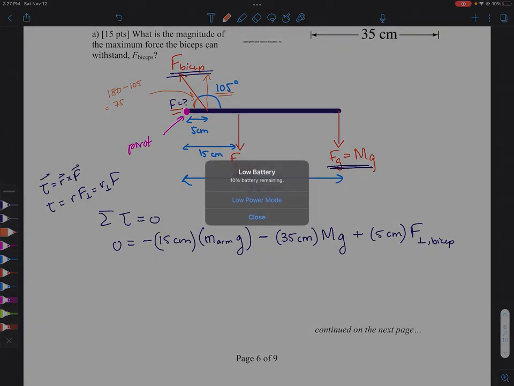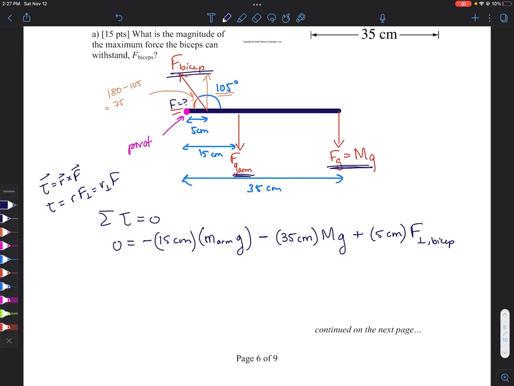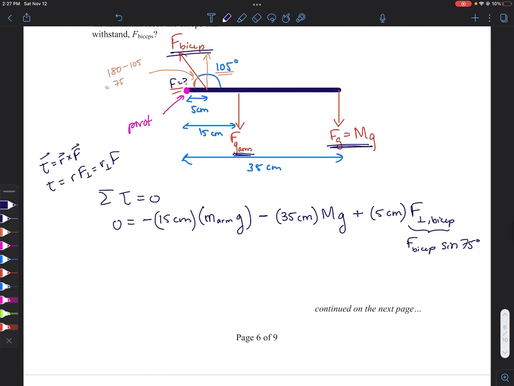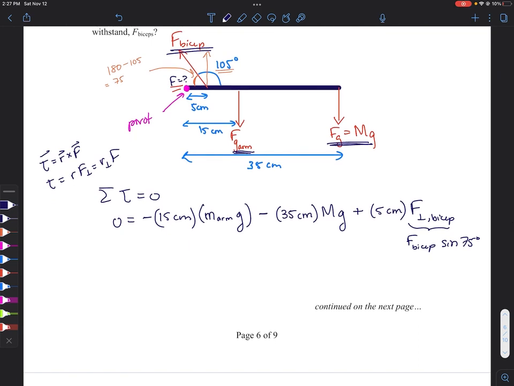So I'm going to say this is equal to F bicep times the sine of 75 degrees. Okay, so all these centimeter units cancel.